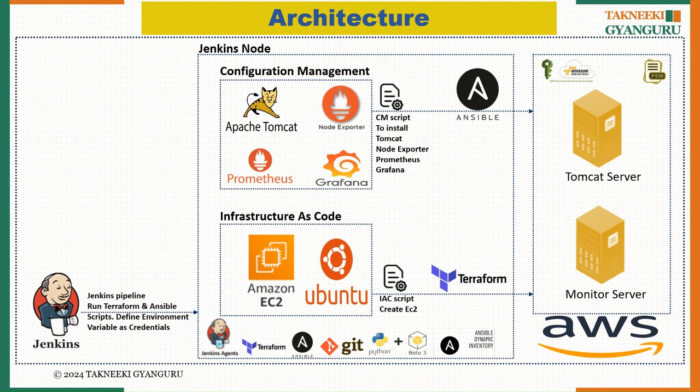In this pipeline, all these scripts will run, and first of all we will set up the Jenkins node and define the environment variables as credentials, the access key and secret key. So this pipeline will run the Terraform and Ansible scripts with dynamic inventory.